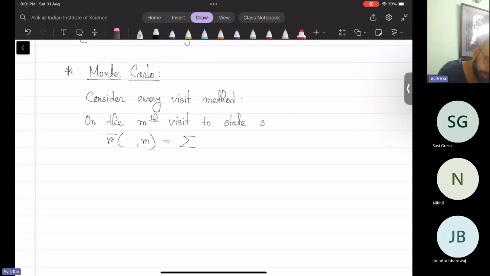State s not equal to s bar, state m. This visit happens, say, at time T(s, m).